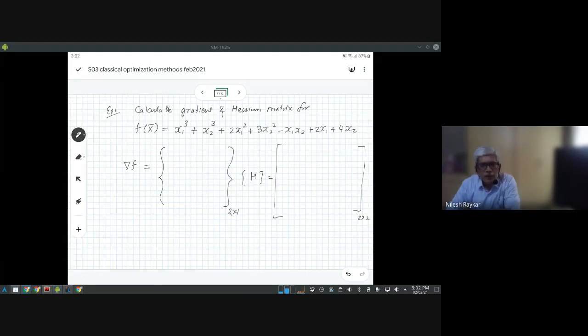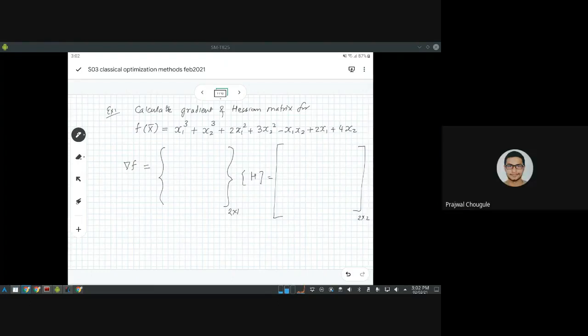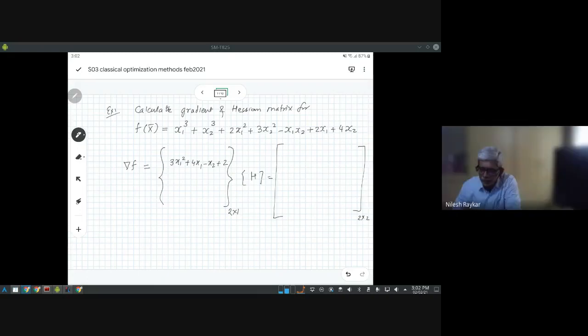Anybody got the answer for the gradient? The first row is 3x1 square plus 4x1 minus x2 plus 2. That's right.